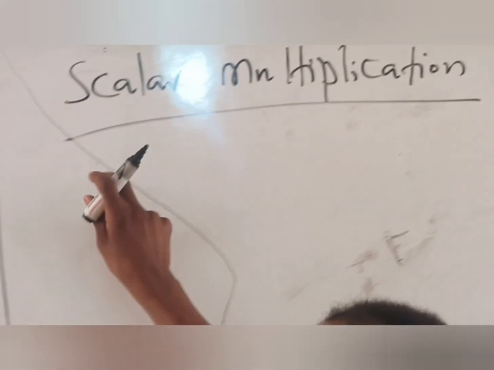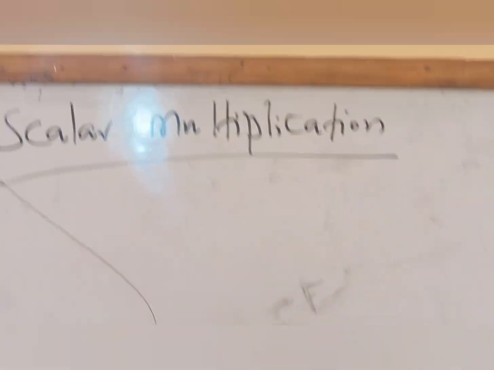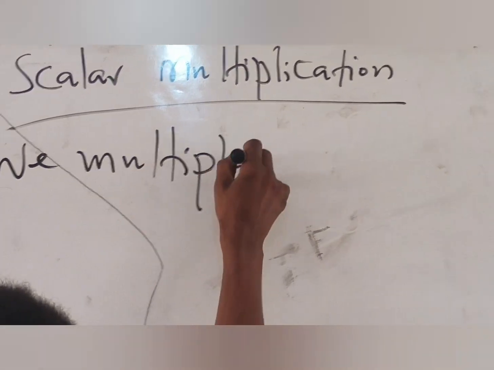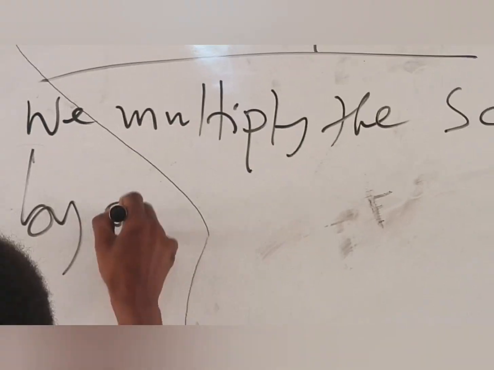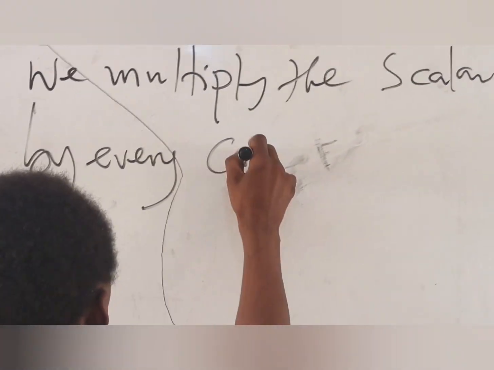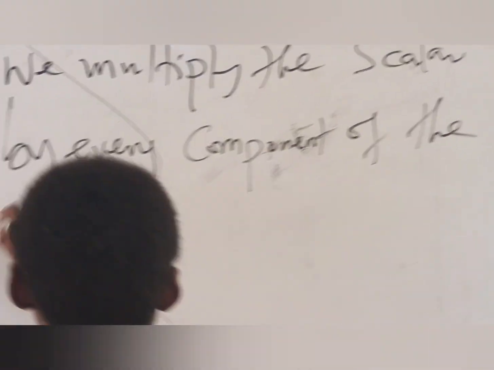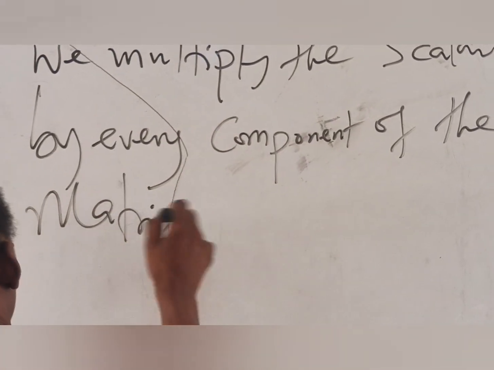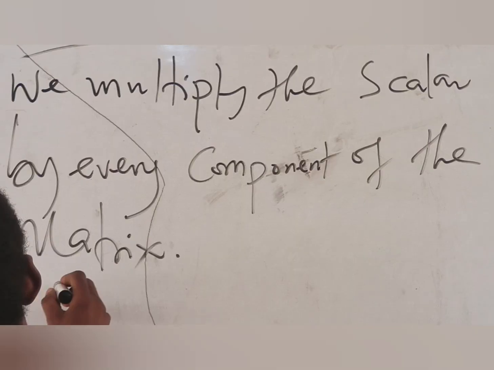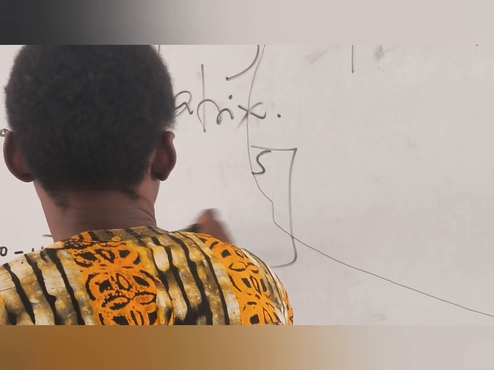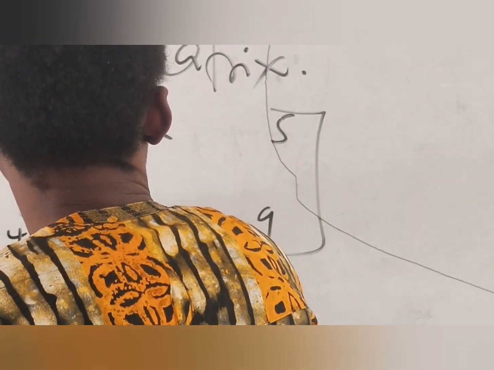So, scalar multiplication. Here, we multiply the scalar by every component. They say it's multiplied 2 by that.